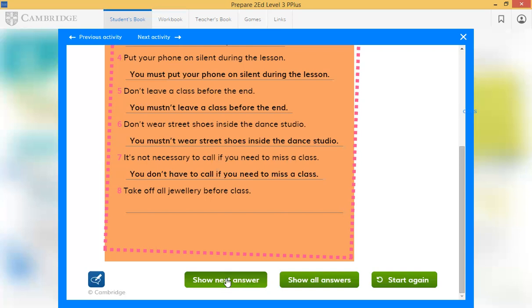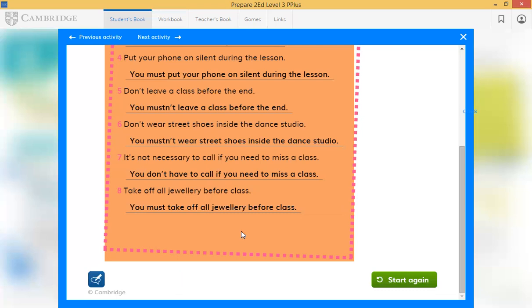You don't have to call if you need to miss a class. And the last one: take off all jewelry before class. You must take off jewelry before class.